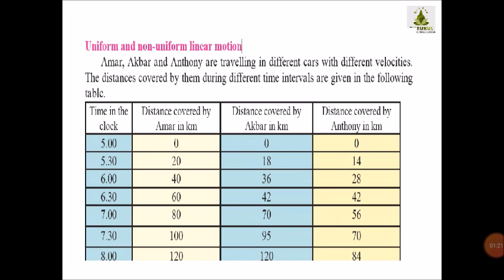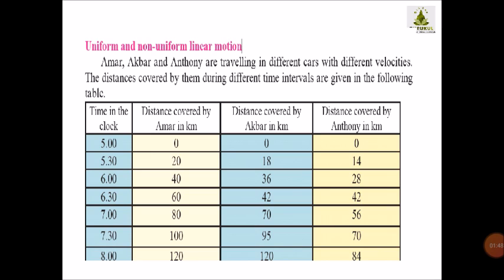At 5:30, Amar has covered a distance of 20 km, Akbar 18 km, and Anthony 14 km. At 6 o'clock, Amar has covered 40 km, Akbar 36 km, and Anthony 28 km.